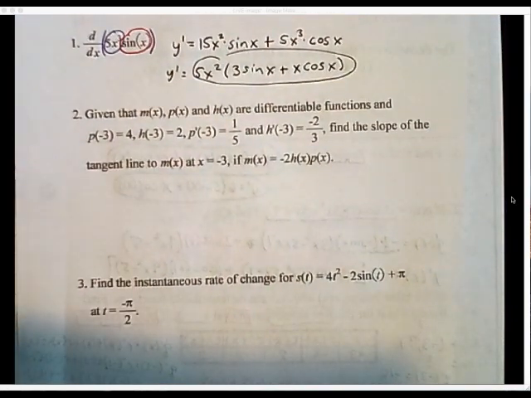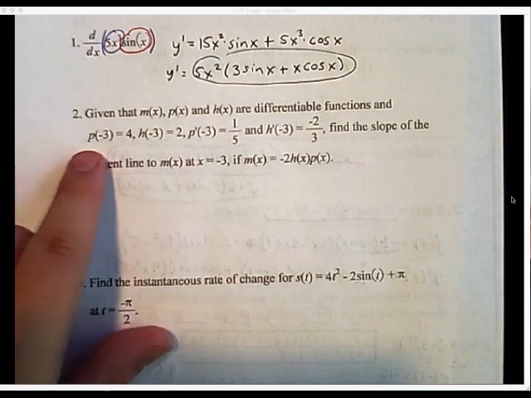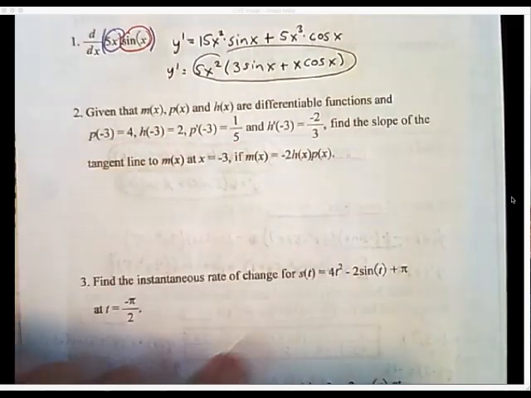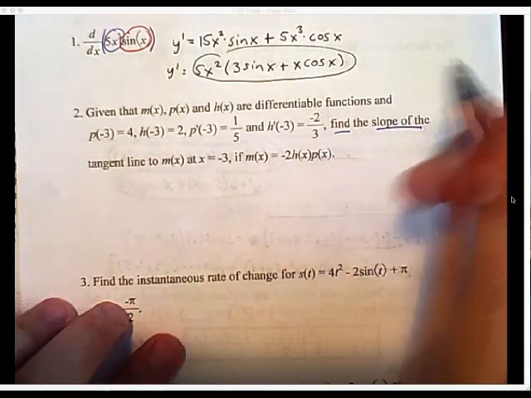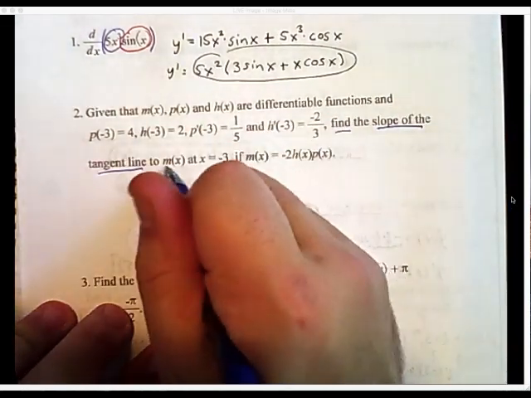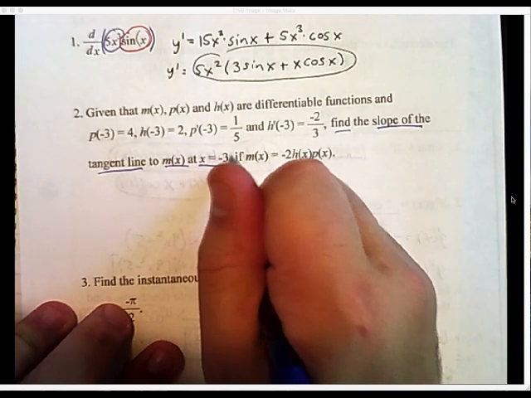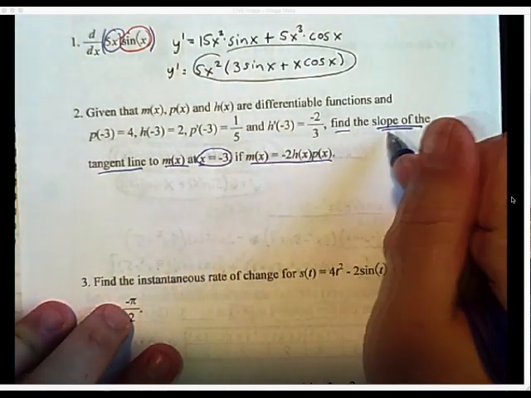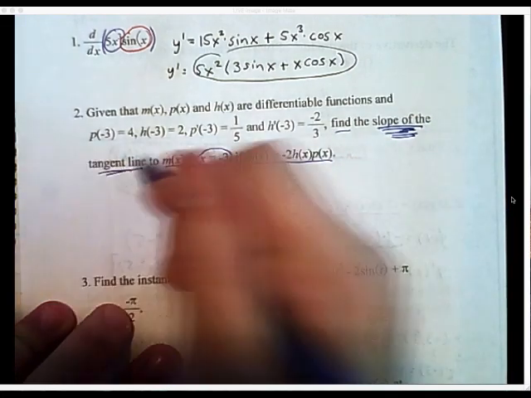Okay. So number 2 says, given that m of x, p of x, and h of x are all differentiable functions, they give me some values of the functions and the derivatives. I want to find the slope of the tangent line to m of x at x equals -3 if m of x equals this. So I'm just looking for the slope of the tangent line. What does that mean?